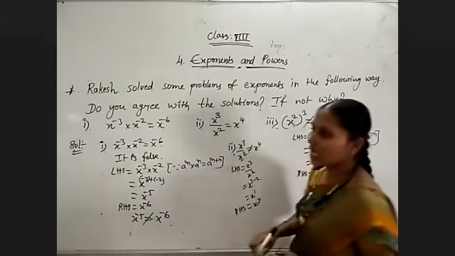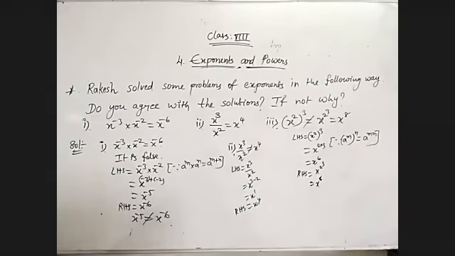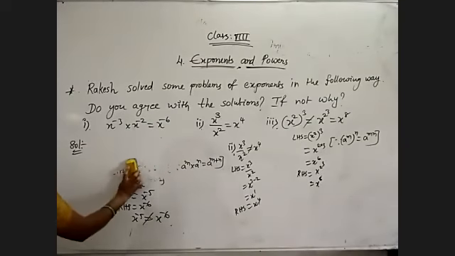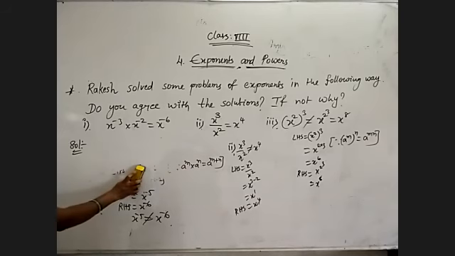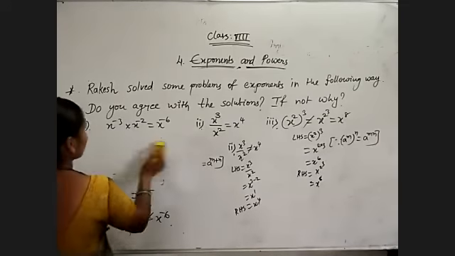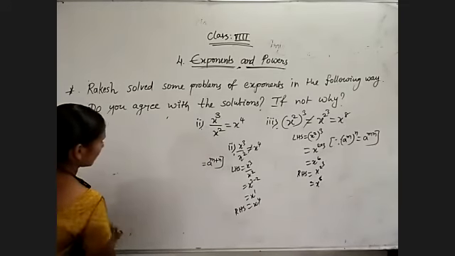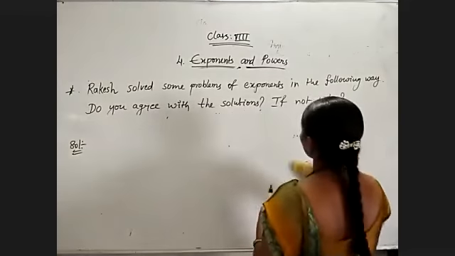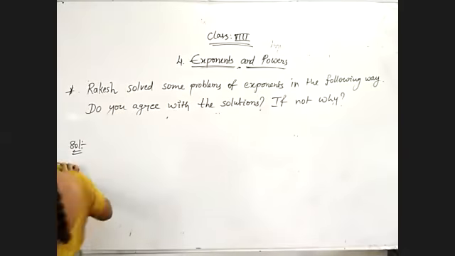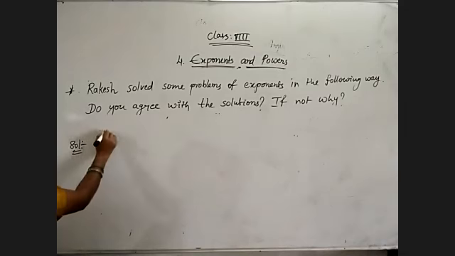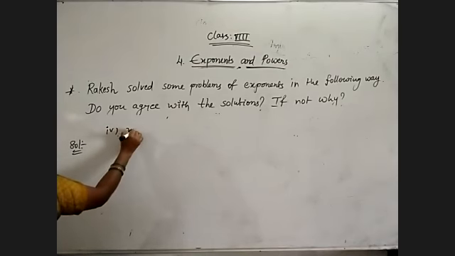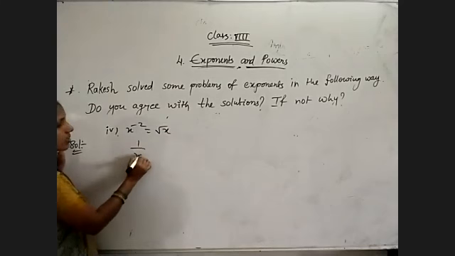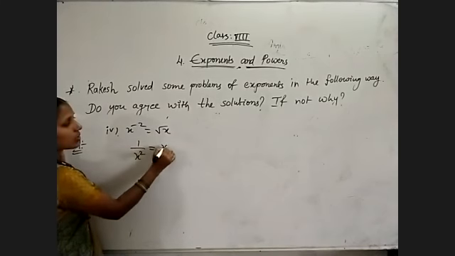Now coming to the last question. And check these two problems yourself. x power minus 2 is equal to root x. x power minus 2 is nothing but 1 by x square, and root x is x to the power of 1 by 2.